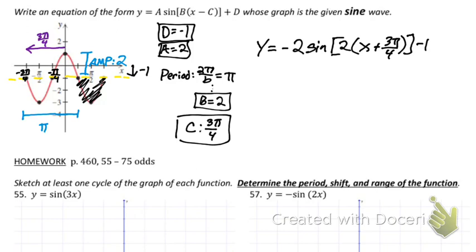Questions on that? Yes? I do not get that. I don't know how to get 3 pi over 4. Because, are we doing the same one? No, I did the other one better. So you will have a different answer than me. So I'm assuming you blocked this part off and took this part. Yeah. So you are going to have a shift, so yours is going to be plus pi over 4.